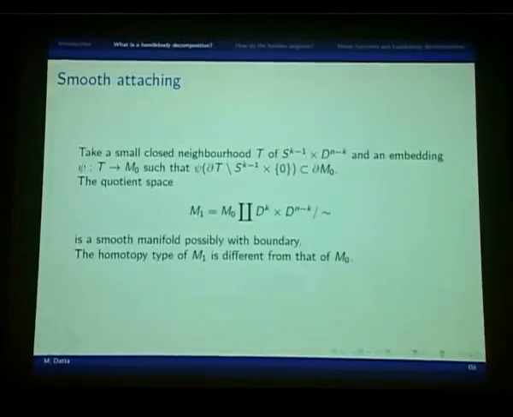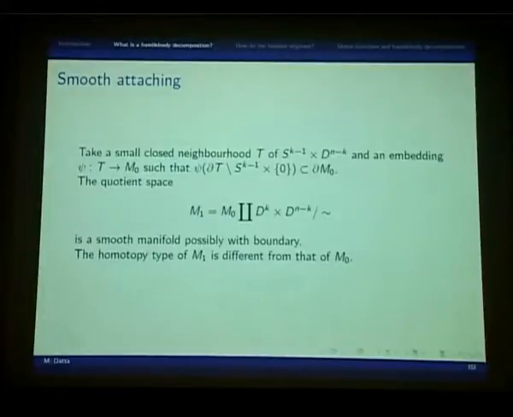Okay. So this is what a smooth attaching is: you consider a closed neighborhood T of S^(k-1) cross D^(n-k) and an embedding psi from T to M0, such that psi maps the boundary of T minus S^(k-1) cross 0, this is a bit technical, into the boundary of M0.